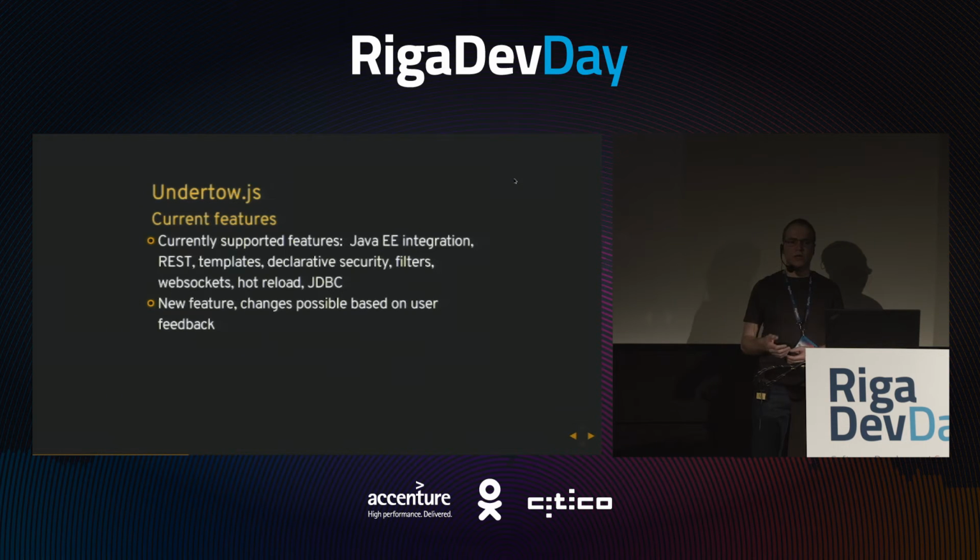We also support declarative security, interceptors. For example, if you want to run a transaction in the code, you can write your own transaction interceptor to which you will inject a user transaction from JNDI and start and stop the transaction. That's an example, but we are also working on declarative transaction support.